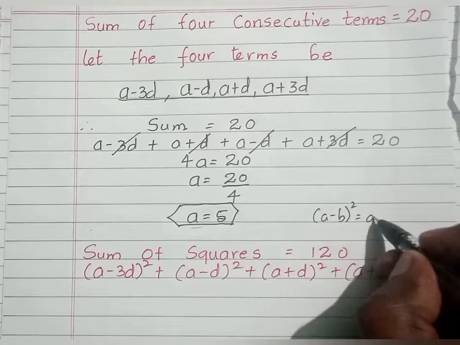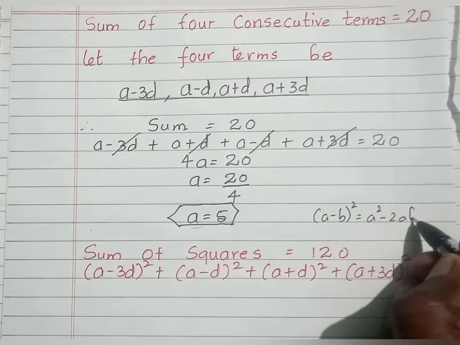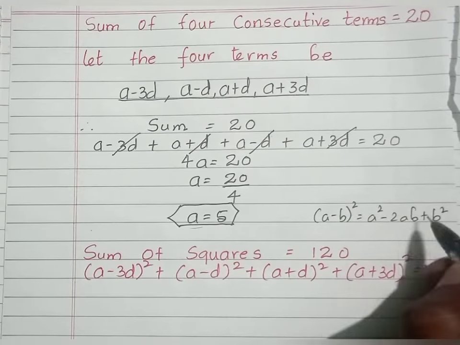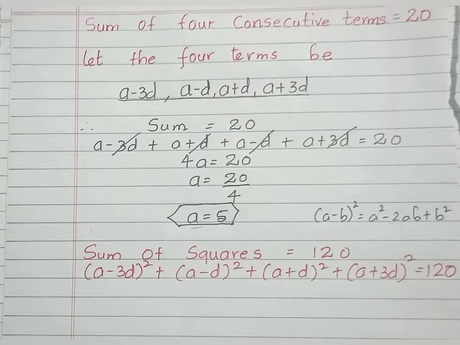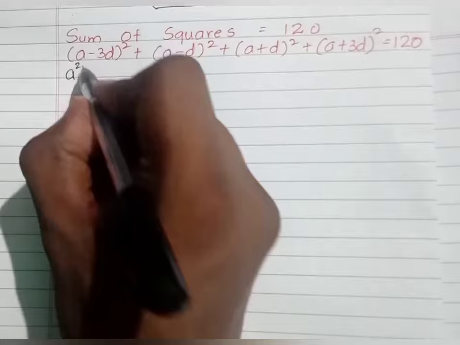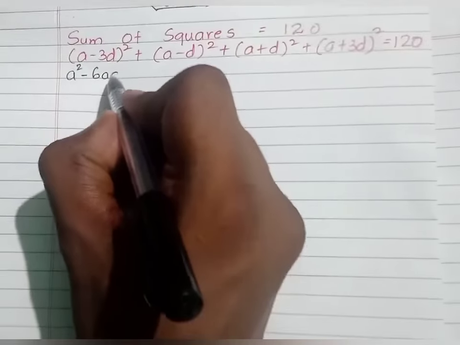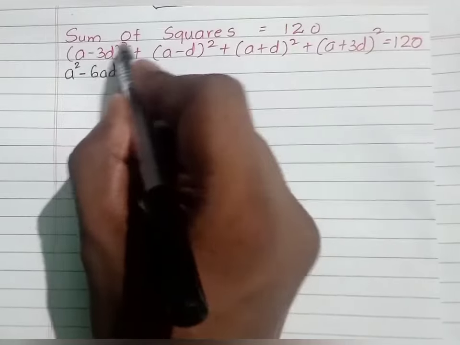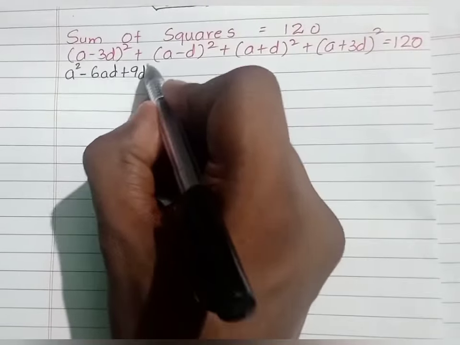Now a minus b whole square equals a square minus 2ab plus b square. Using that formula, a square minus 2 times a into 3d gives 6ad, plus 3d whole square gives 9d square.